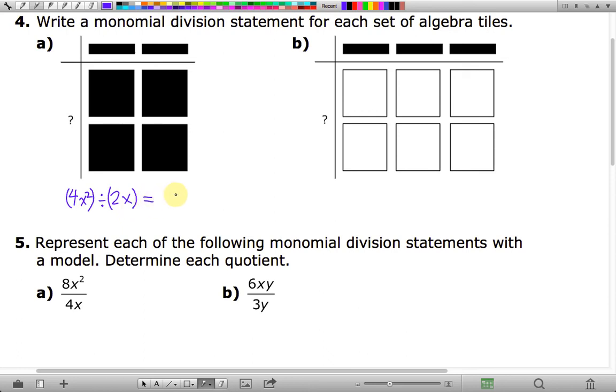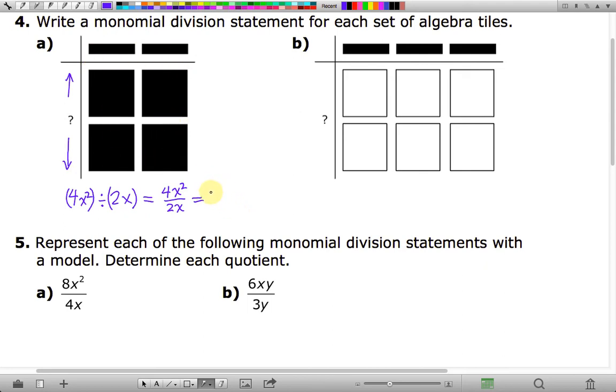or you could alternatively write it this way as 4x squared divided by 2x this way. And by the way, I put the brackets just to make it clear that I'm not just dividing by 2, but I'm dividing by 2x. And of course, it's kind of like you're looking for what is this width that when multiplied by that length gives us this area.